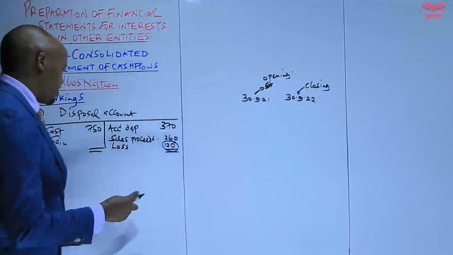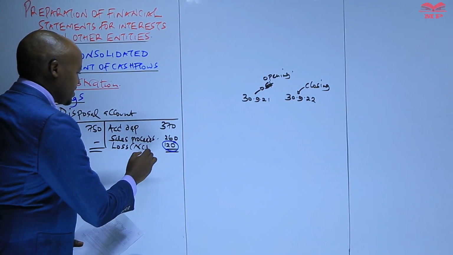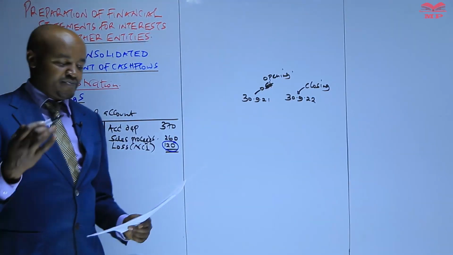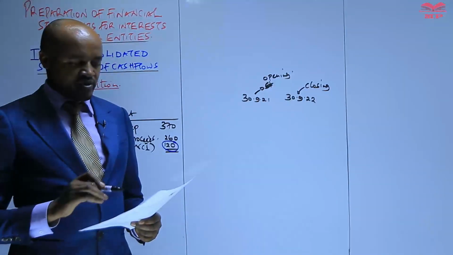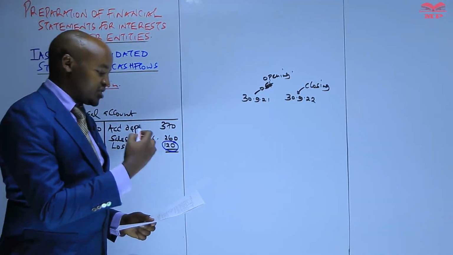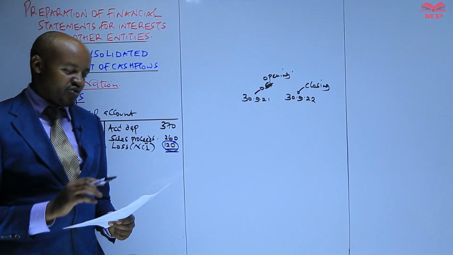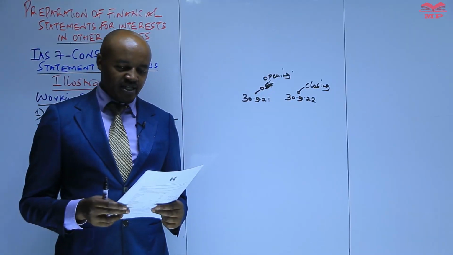But it is important to note that this loss on disposal is a non-cash item, and therefore in computing the cash flow from operating activities, because it was taken into account as an expense in arriving at the profit for the year, we are going to add it back because it's a non-cash item.